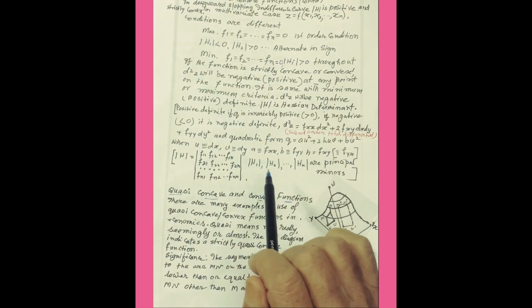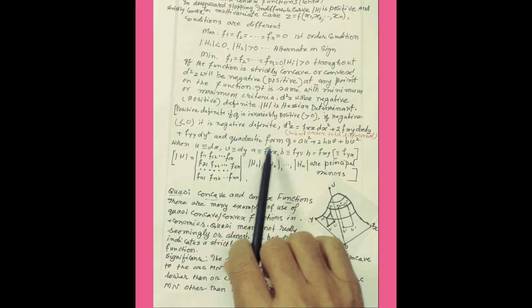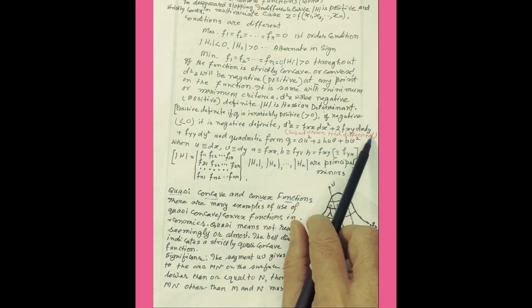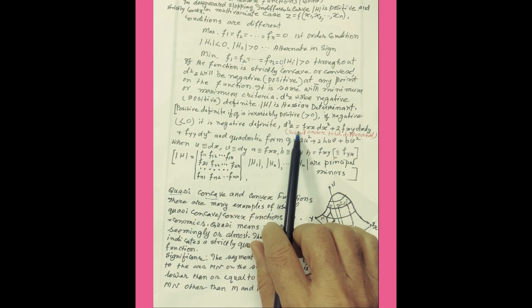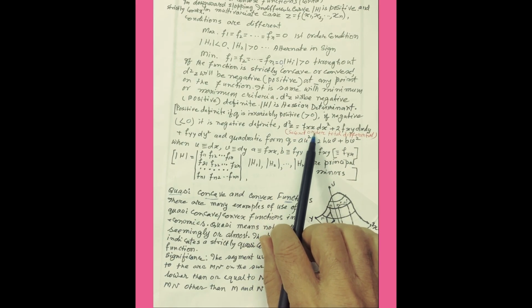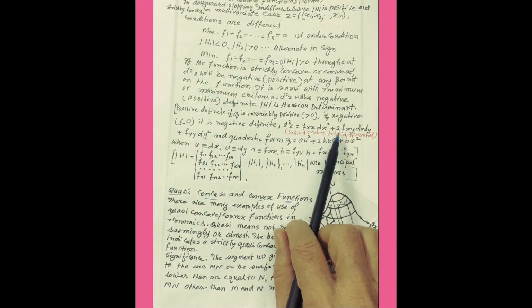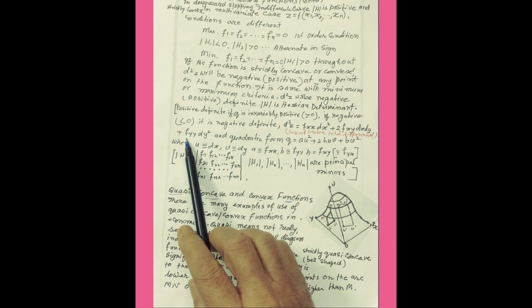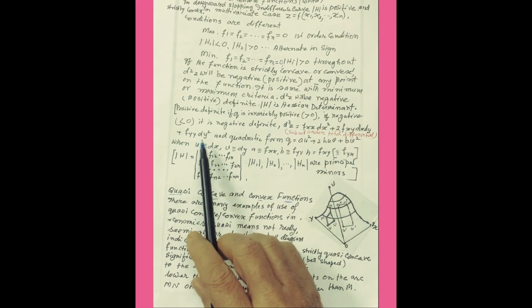Now we will discuss what Q is. This is the second order total differential: d square z is equal to fxx dx square plus 2 fxy dx dy plus fyy dy square.